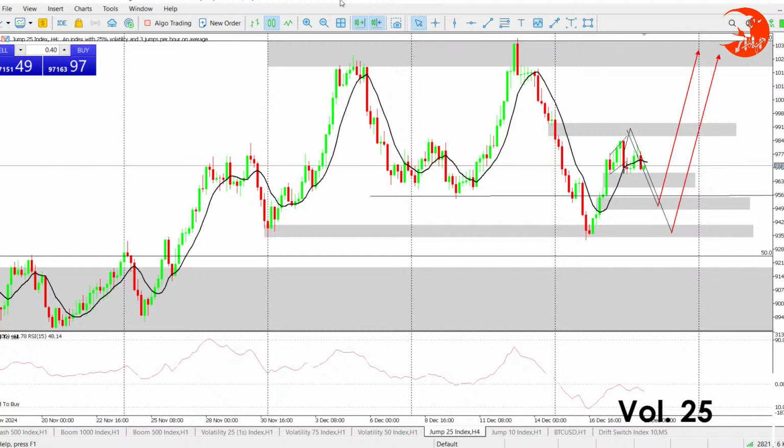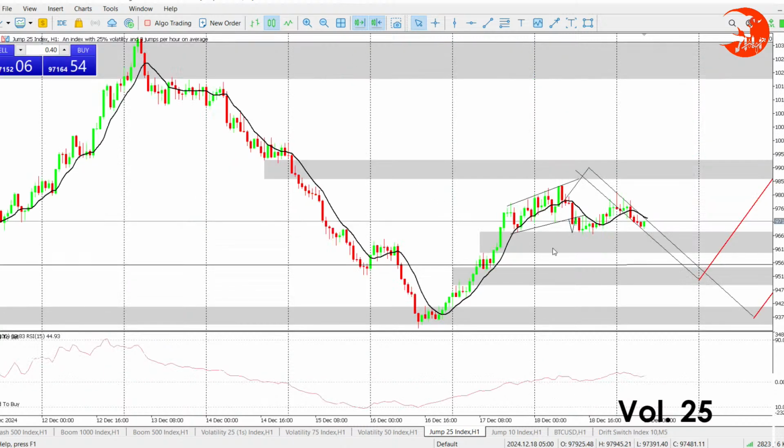All right, so now looking at H4, I can choose to delete this, delete that. This was a fake manipulation move that went back inside, but then has come back again. So according to H1, this move is still on, this move to take us right there.